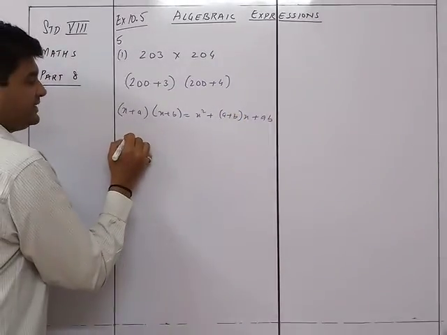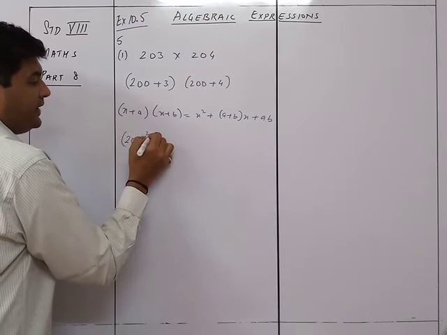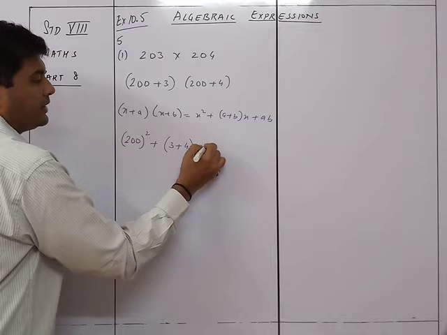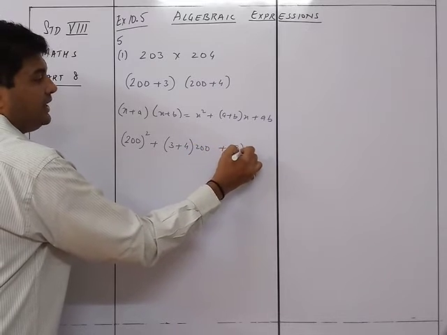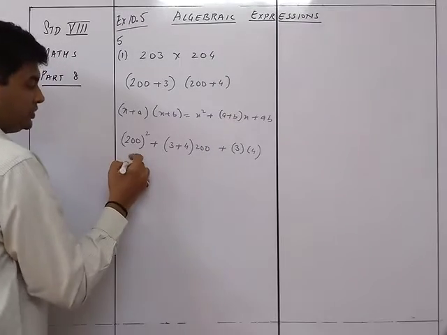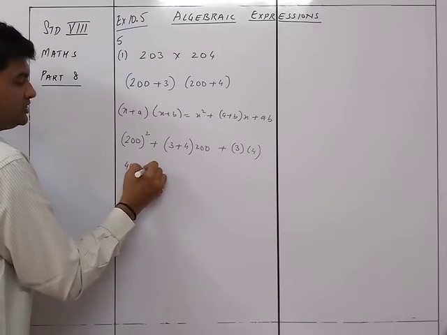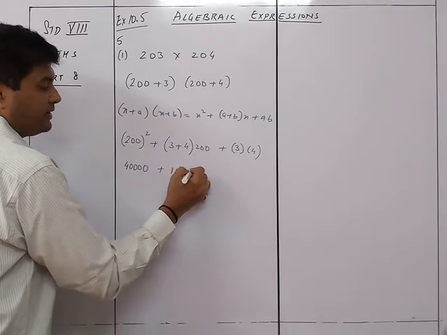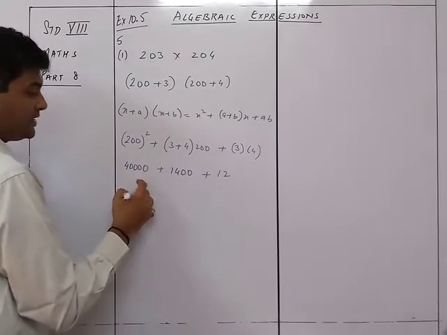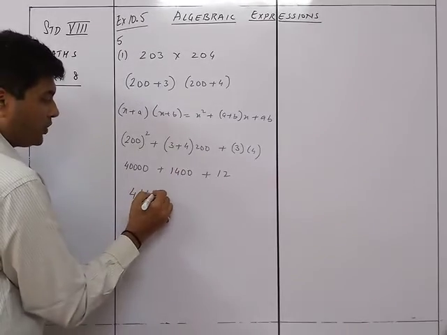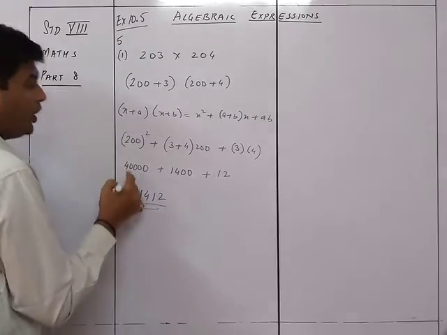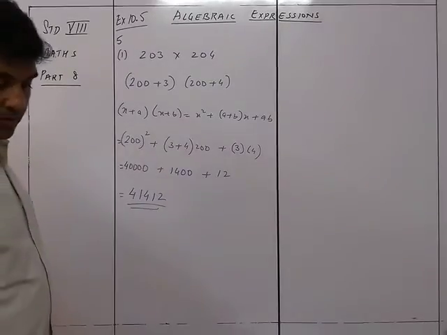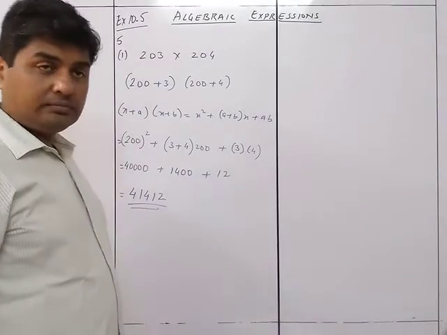So x is equal to 200, so 200 square plus 3 plus 4 into 200 plus 3 into 4. So this is 40000 plus 7 into 2, 7 2s are 14, so 1400 plus 12. So the answer will be 41412. That's the answer of 203 into 204. Clear? Simple?